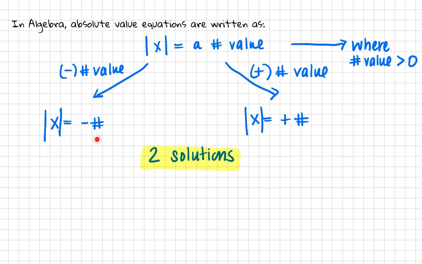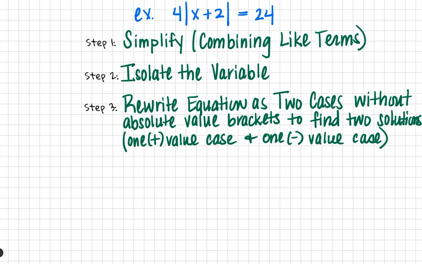Absolute value is going to be equal to a negative number, and the absolute value is going to be equal to a positive number, because we know that there are two values that will make the equation true. So you'll most likely have two solutions, and I'll go into the exceptions later.